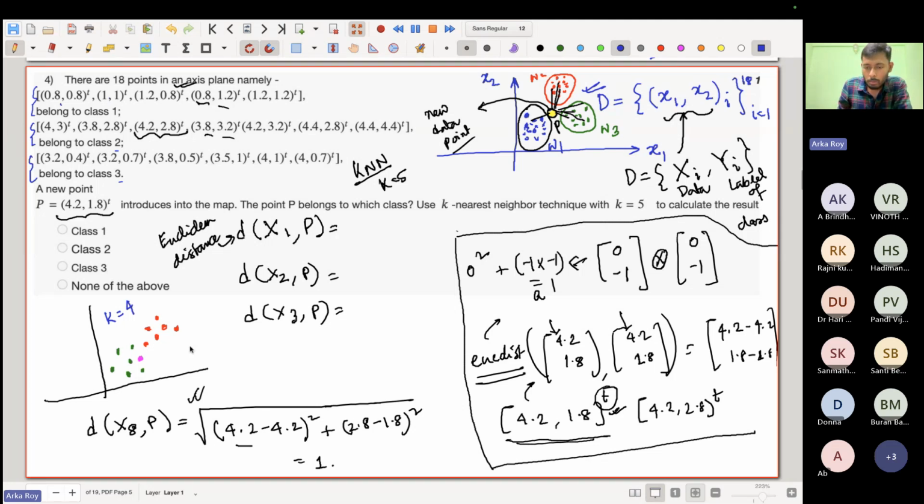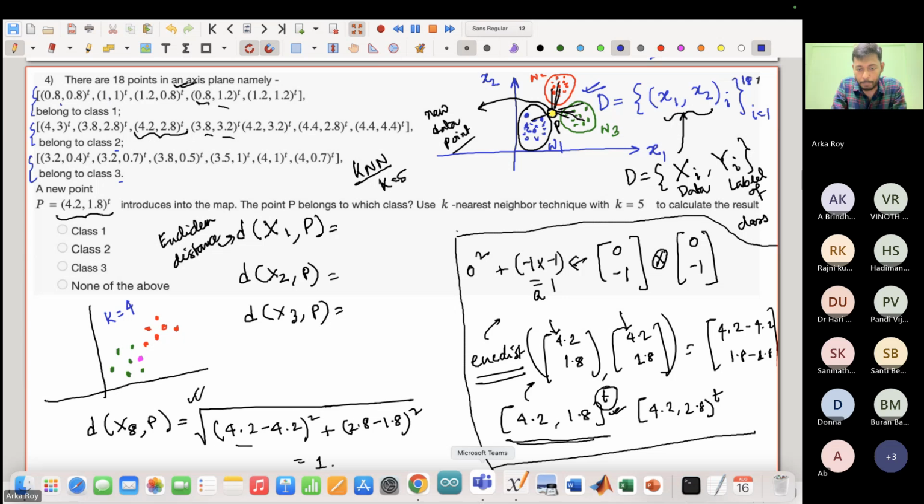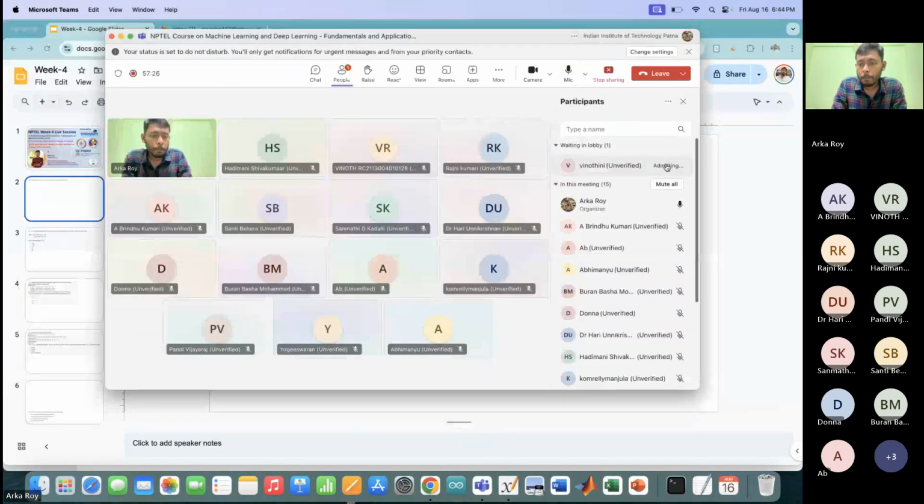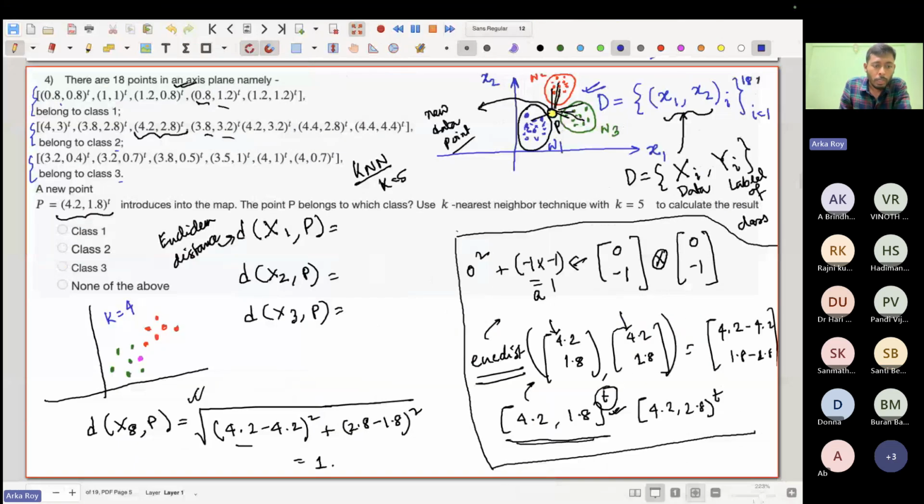What you have to do is, from this pink point, calculate the distance from all other points in the data set. Then you have to choose the 4 nearest neighbors, these 4 nearest points from the new data point.